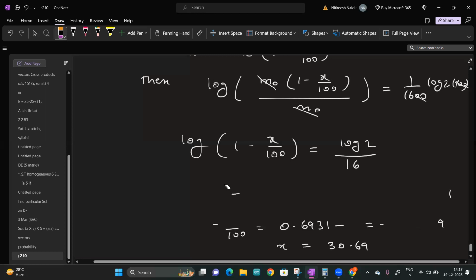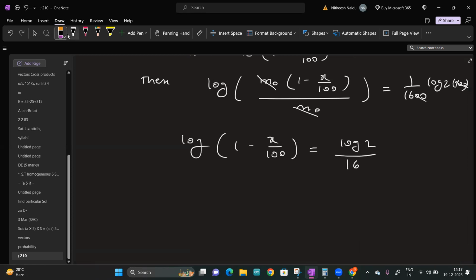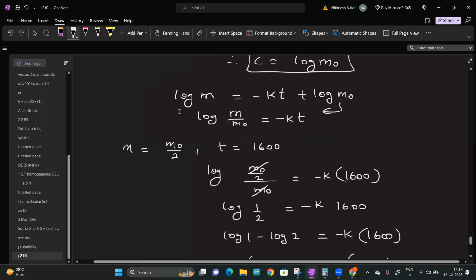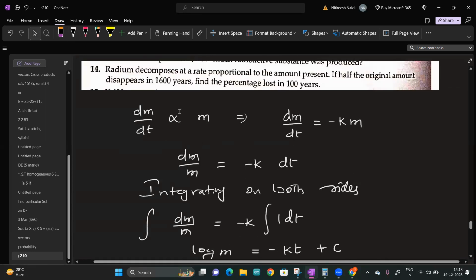Calculate this value. Log 2 by 16, how much? Come on, calculate that. This value was given in the question. 0.0188.